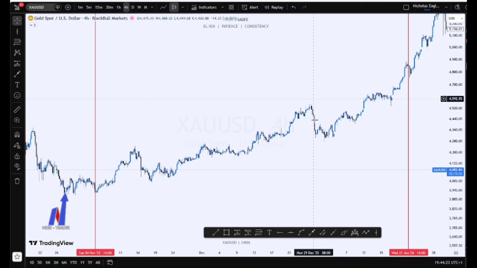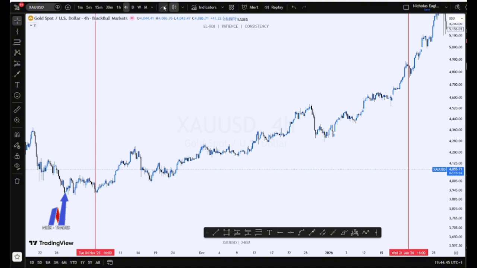Another way for you to know, if you open your chart and you feel confused about where price is going, the easiest way as a beginner to know the trend of the market is to use your line chart, and you can find it at the top tools on the screen there.